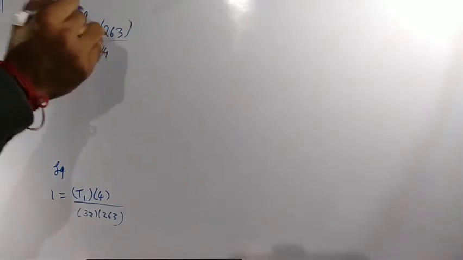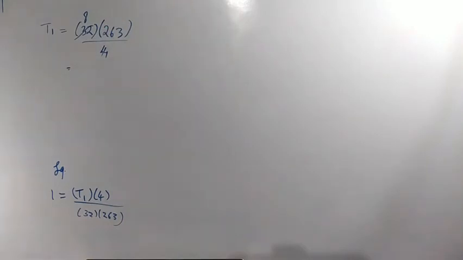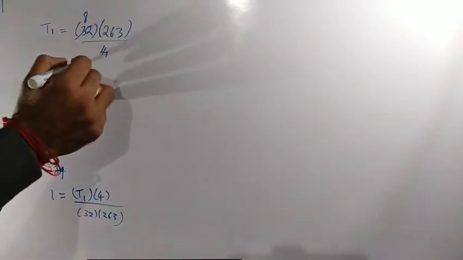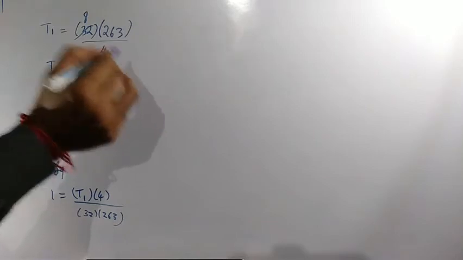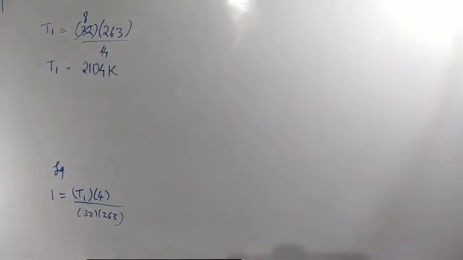Four ones are 4, eights are... Okay, 263 times 8. So the value will be almost near to 2000. 2104. This is nothing but T1. It is in Kelvin.